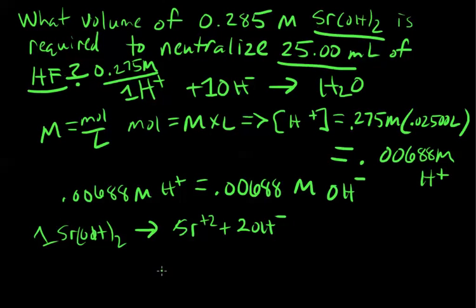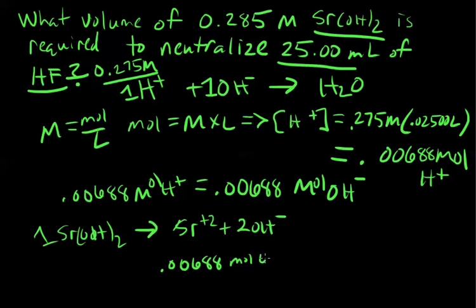So we have 0.00688. Oh, and this isn't molarity, right? This is moles, so I screwed that up. Sorry. So 0.00688 moles of hydrogen, so we have 0.00688 moles of hydroxide.